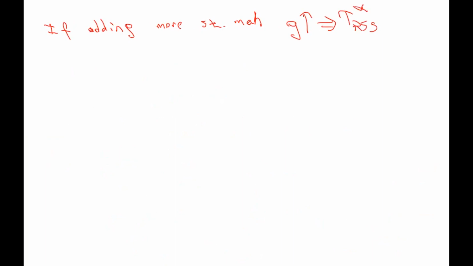So let me write, if adding more strengthening mechanism, we basically increase the G, the resistance of each plane. Then the resolved shear stress of alpha has to increase as well in order to overcome the strengthening.